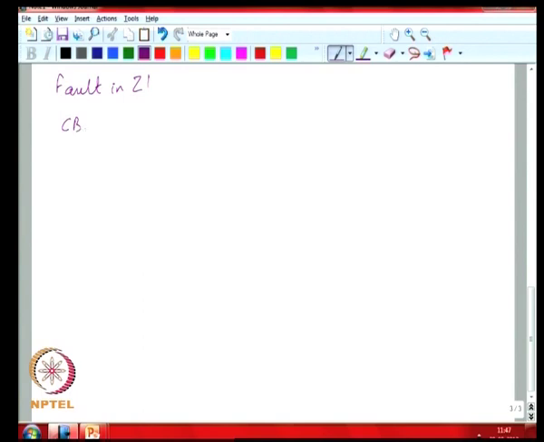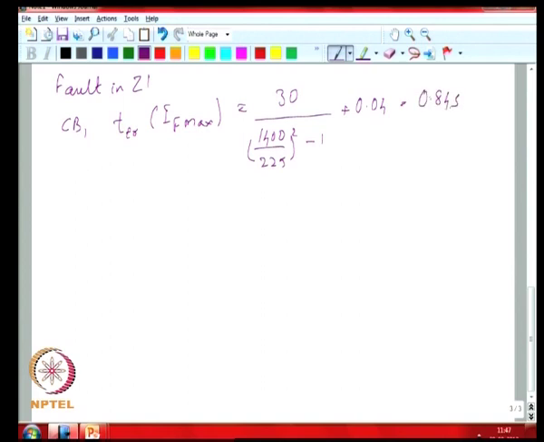For circuit breaker 1, the trip time at IF max in zone 1 is 30 divided by 1400 divided by 225, which is the pickup current for that breaker, minus 1, plus 0.04. So, this is 0.84 seconds.